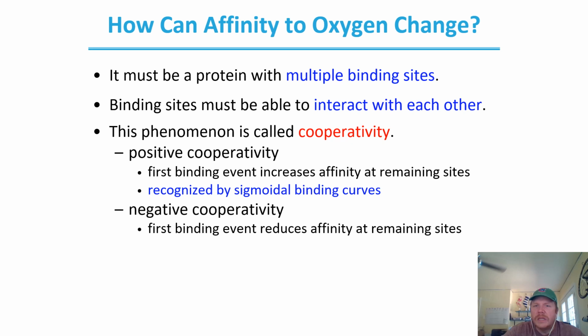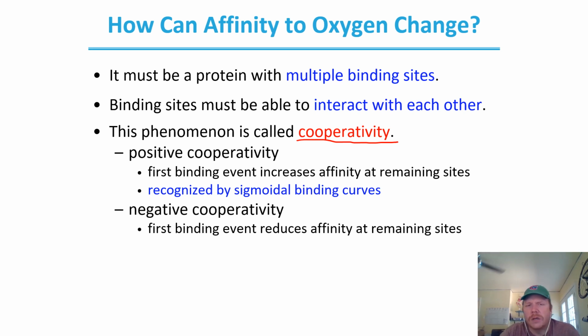Now, how can the affinity to oxygen change? Well, in order for that to happen, you have to have a protein with multiple binding sites. These binding sites must be able to communicate or interact with one another. This is a phenomenon known as cooperativity.